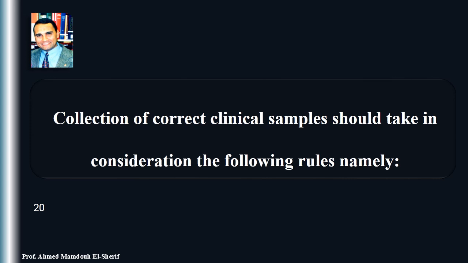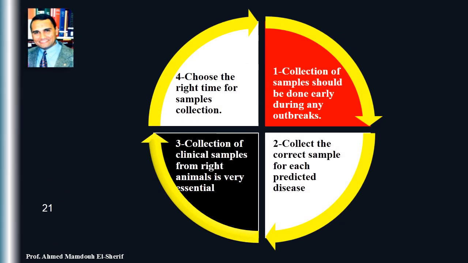Collection of correct clinical samples should take into consideration the following rules. Number 1. Collection of samples should be done early during any outbreaks. Number 2. Collect the correct samples for each predicted disease.